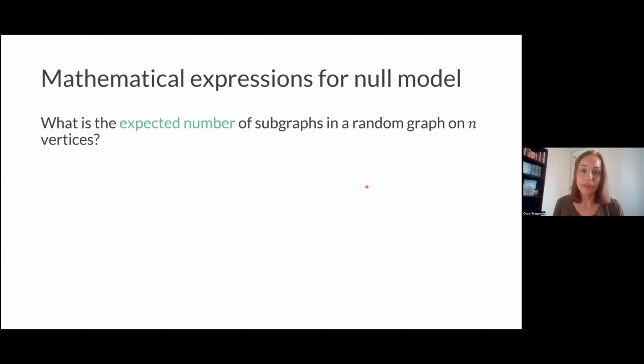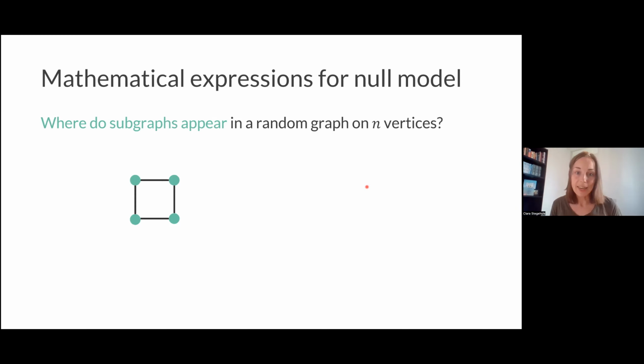Because usually what is done in practice is that you have to generate all these null models and count the number of squares, for example, to see what to expect. But we as mathematicians can try to see whether we can just get an equation for how many squares, or other types of subgraphs, I would expect.